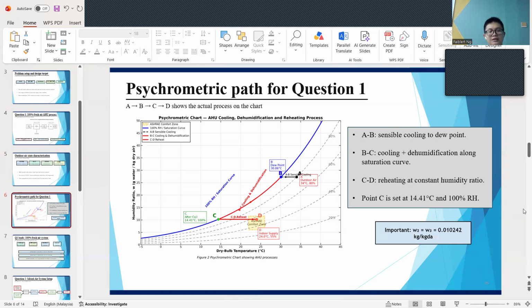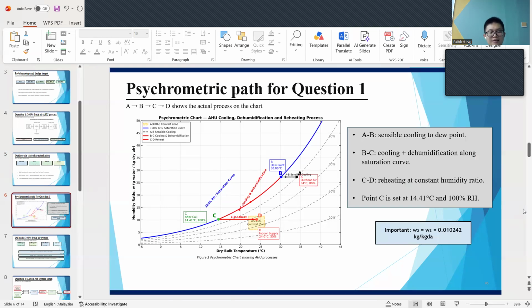From B to C, the air undergoes cooling and dehumidification along the saturation curve. During this process, water is removed from the air. Point C is the cooling coil exit condition, which is 14.41 Celsius and 100% relative humidity. From C to D, the air is reheated.